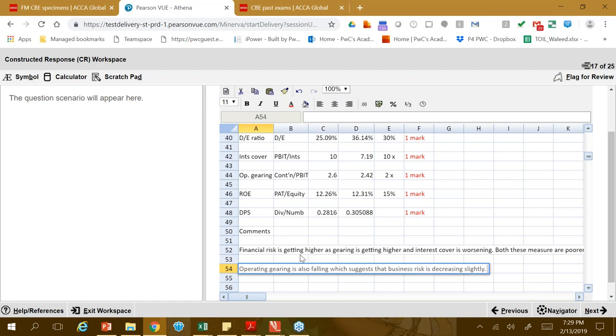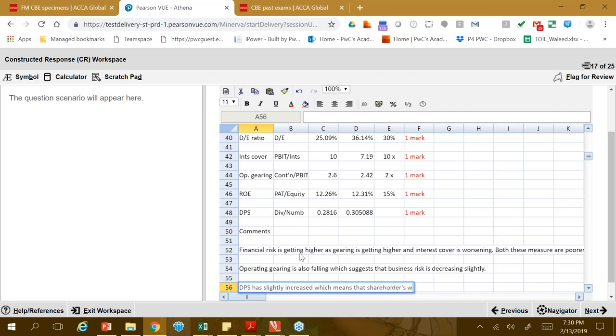Because business risk is operational risk, which is linked to the cost structures. And final point here is that DPS has slightly increased which means that shareholders' wealth is getting better. And that's it.